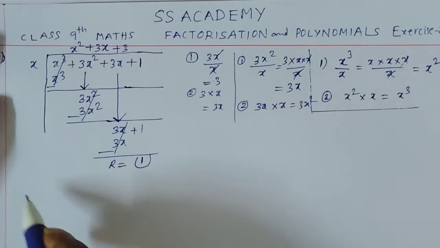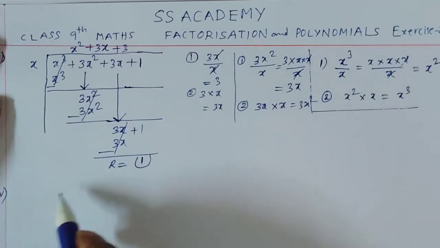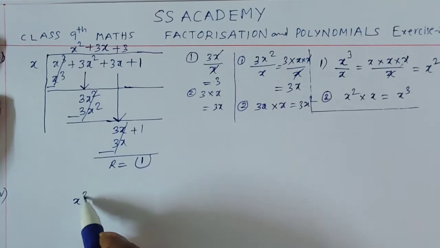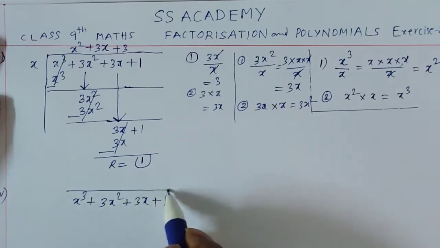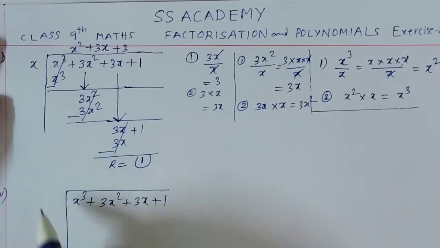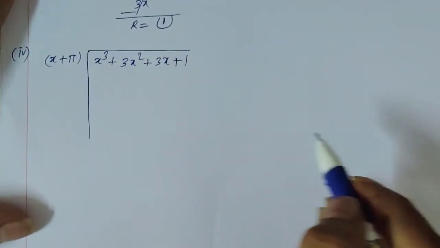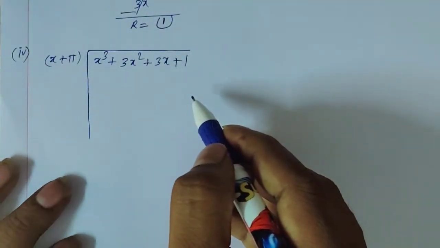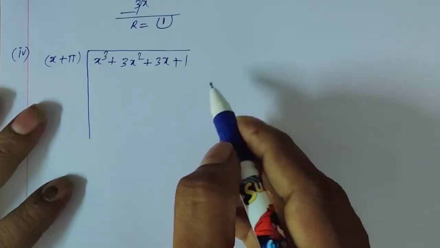Now let us move on to the fourth problem. In this problem, x cube plus 3x square plus 3x plus 1 should be divided by x plus pi. We are going to divide x cube plus 3x square plus 3x plus 1 with x plus pi.